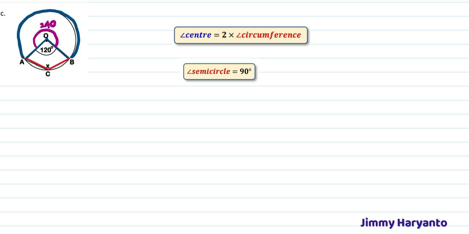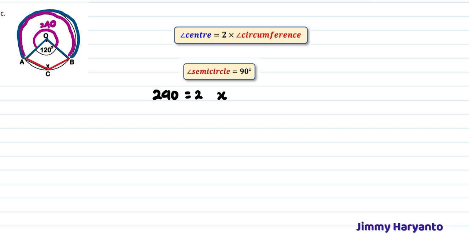It's the same with the angle of circumference. It's facing the same arc. That means the formula applies. The angle of center is 240 equals 2 times the angle of circumference, which is x. So x equals 240 divided by 2 equals 120. So it's 120 for this question.